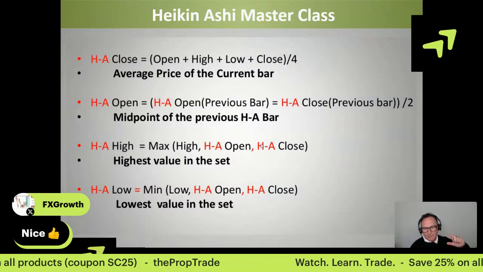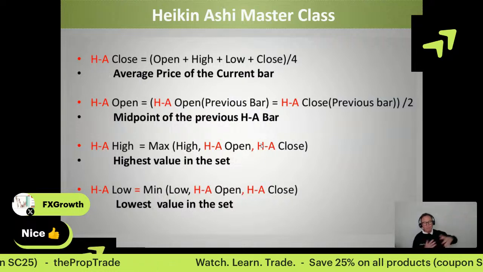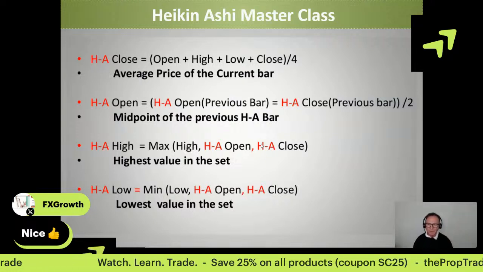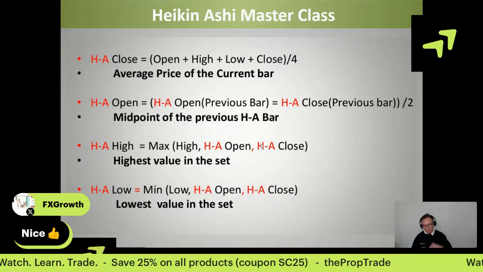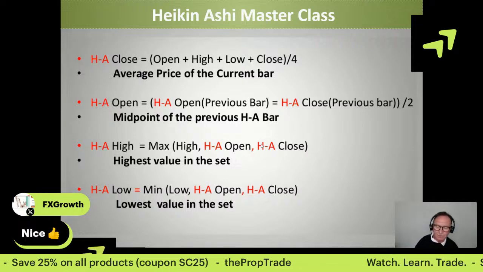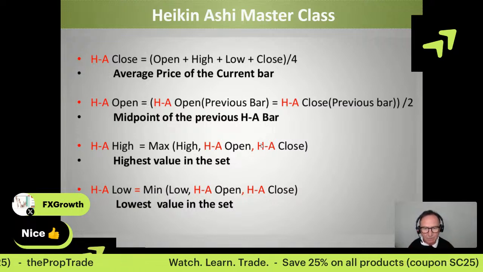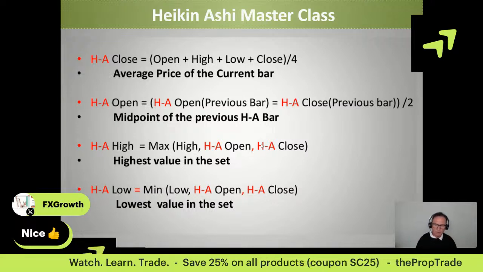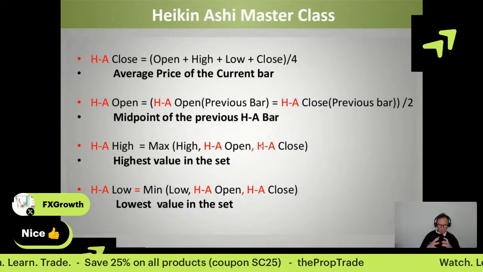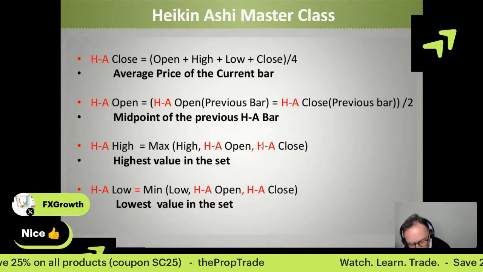The high of the Heikin Ashi candle is the maximum over the last 2 candles, and the low is the lowest value in the set. So the highest point is the maximum of the open, high, low, close, and the low point is the low value of the set, the low of the low, open, and close.